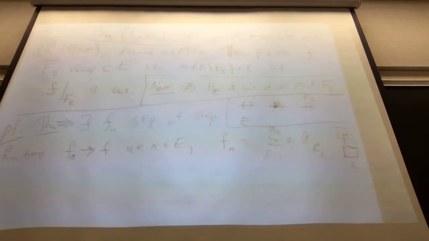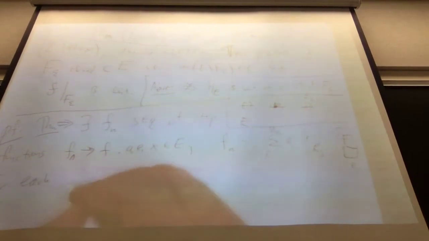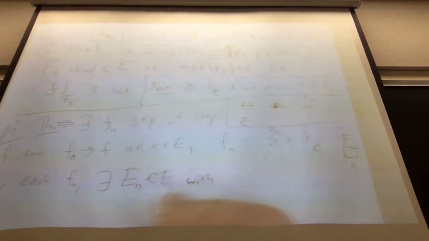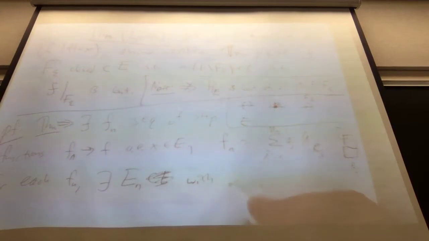So if you just pull an epsilon away from all the endpoints, take an epsilon thickening of the boundaries of all the rectangles, and remove those. So for each f_n, there exists a set E_n with measure of E_n at most 1/2 to the n.